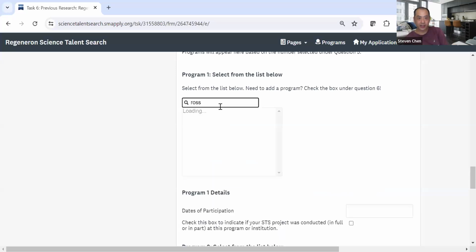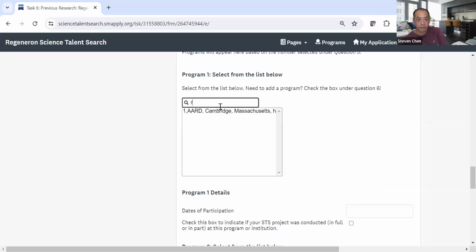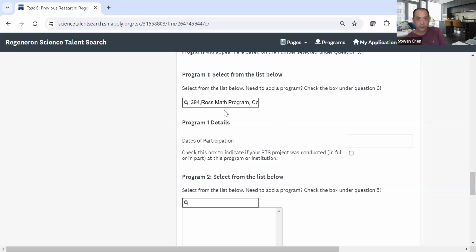But you see what I just typed. Here, ROS, math program. So you see, it's still counted.